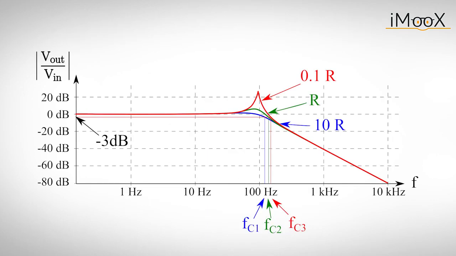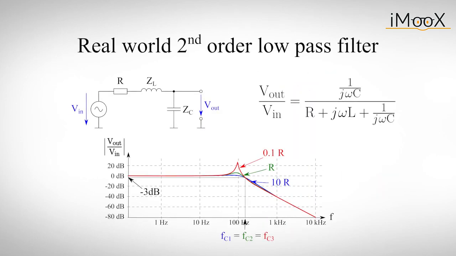A change in R not only affects the amplification at the resonance frequency, but consequently changes the attenuation, which leads to different 3 dB corner frequencies for different values of R. We can also vary the values of L and C interdependently, such that the corner frequency stays the same.